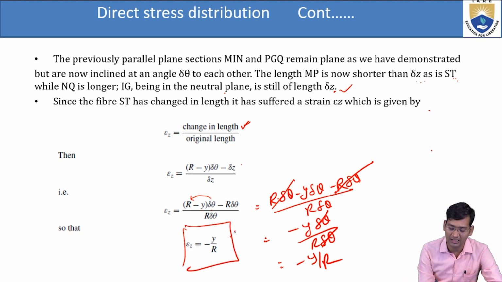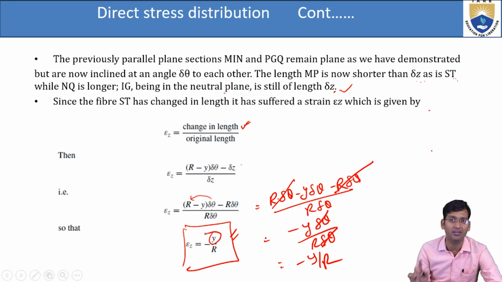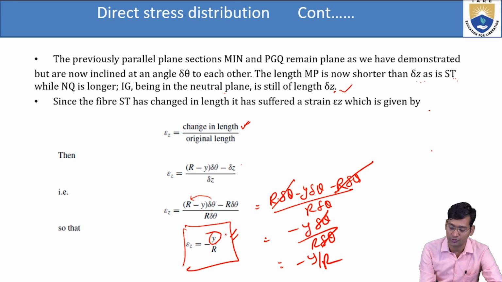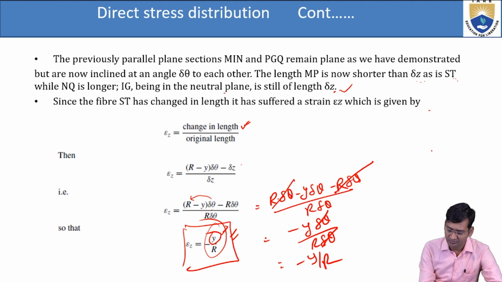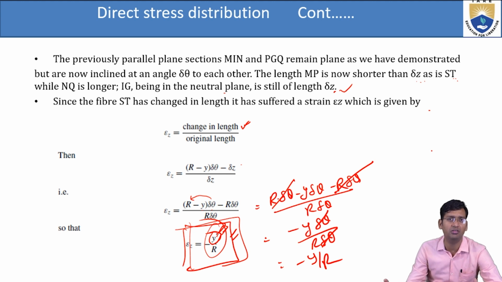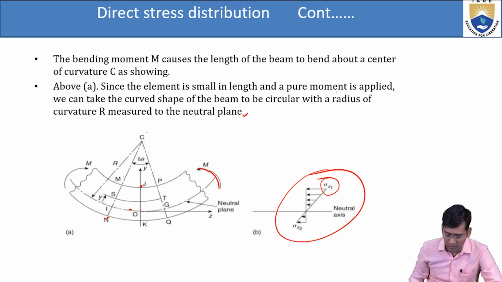So now we got the strain at the distance we are considering. What was y? It is the distance of that fiber ST from the neutral plane, divided by the radius of curvature, the distance from the neutral axis to the center. Now this depends on the value of y, because the radius of curvature will remain the same. So it depends on which fiber we are considering.